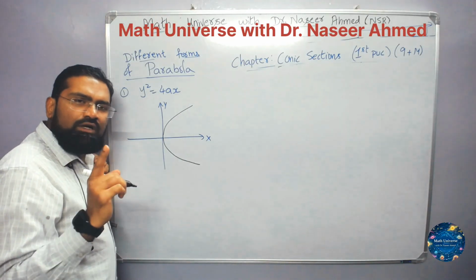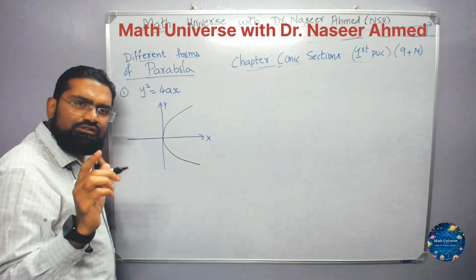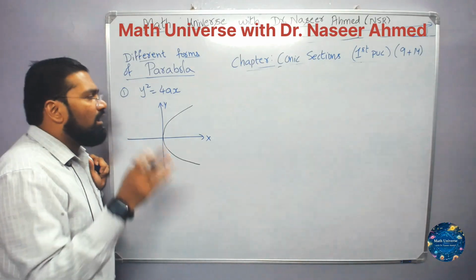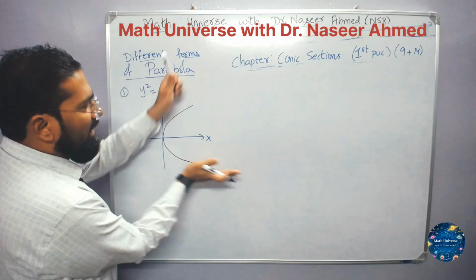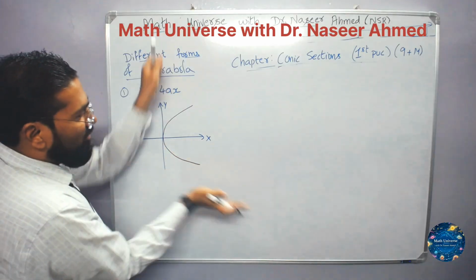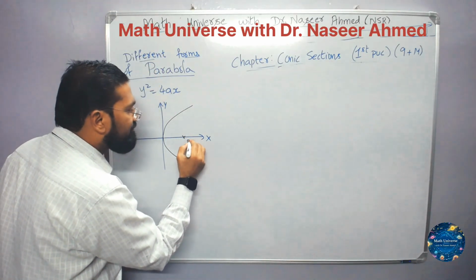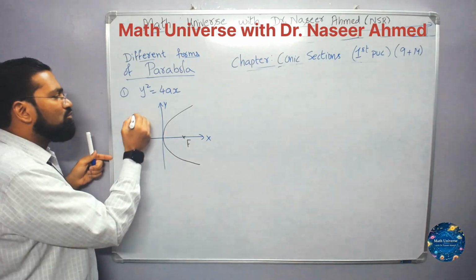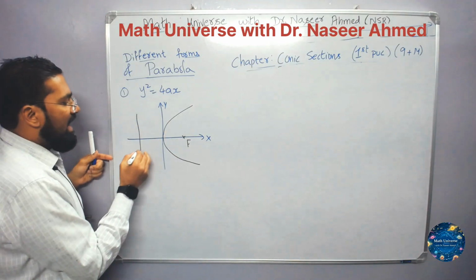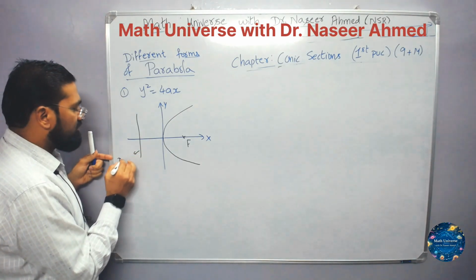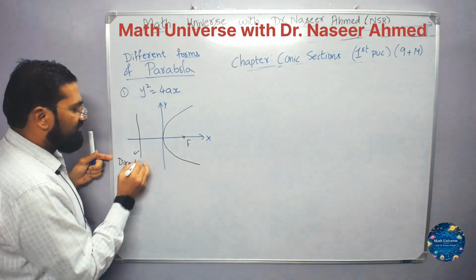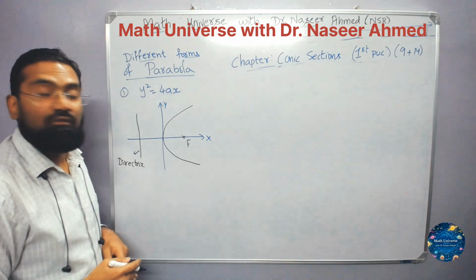First, if you are able to understand where the focus and directrix are, half of the job is done. Think for a while that this is a crocodile. Mouth is open. Inside the mouth, focus is there. Opposite to the mouth, directrix is there. As soon as you are fixed with these 2, job done for all the parabolas.